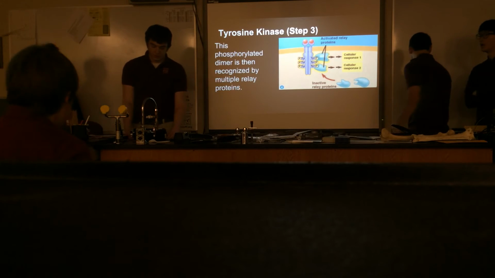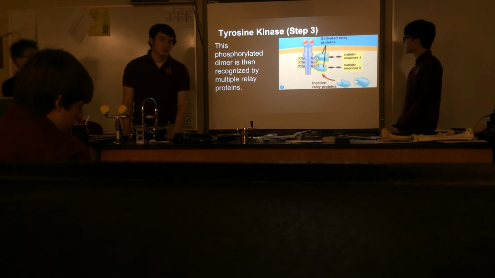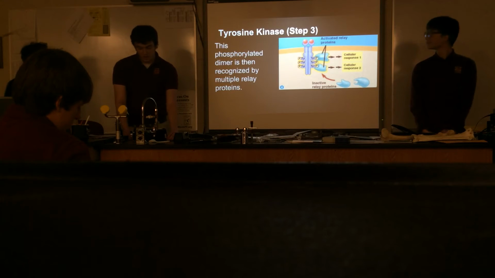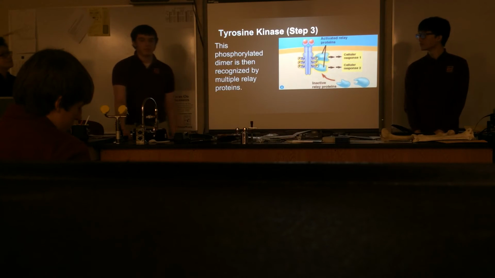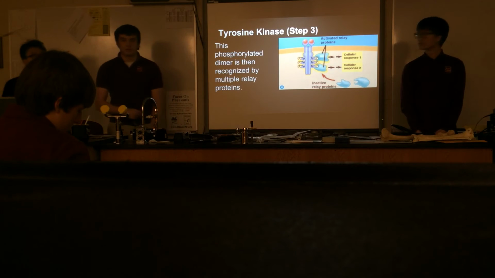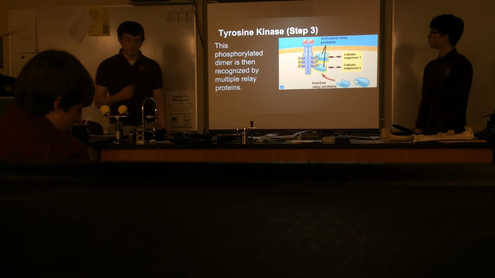Alright, so here we have a phosphorylated dimer, and in our example we only have 6 activated regions, but it can have up to 10 or more. These activated regions are going to be the sites for the relay proteins in the cell to bind and thus create a cellular response in the cell.